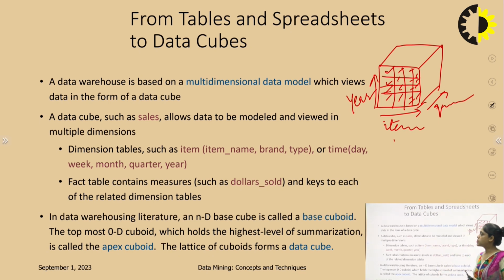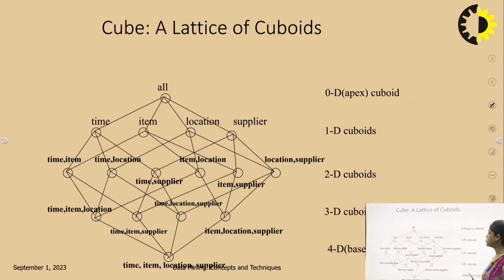A data cube such as sales allows the data to be modeled and viewed in multiple dimensions. Dimension tables are such as item or time. The fact table contains measures and keys to each of the related dimension tables. Cube, a lattice of cuboids.